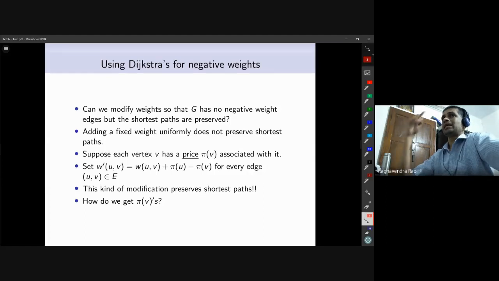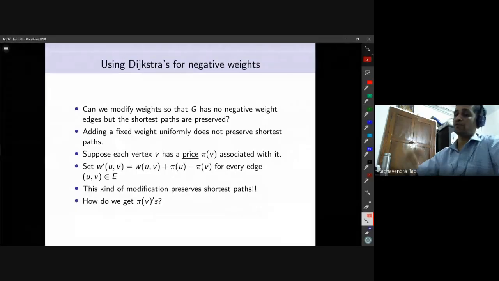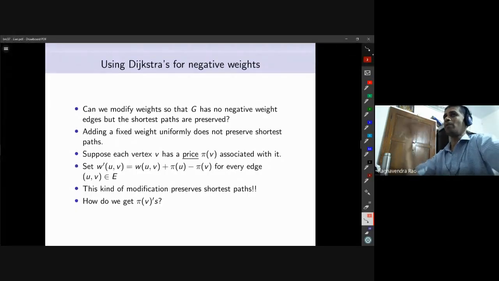Say the shortest path uses 10 edges, whereas a non-shortest path uses only 5 edges. If you are uniformly adding 10 to every edge, the one using 5 edges gets a plus of 50, whereas the one using 10 edges gets a plus of 100. That can alter their relative values, so it will not preserve shortest paths, whereas this one will, because it uniformly adds the same value for all paths with a fixed source and destination.